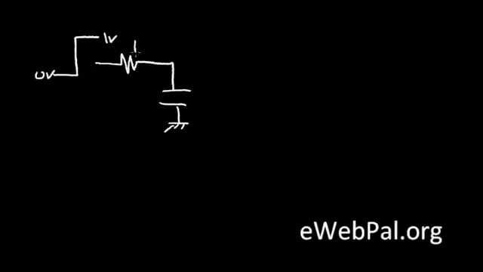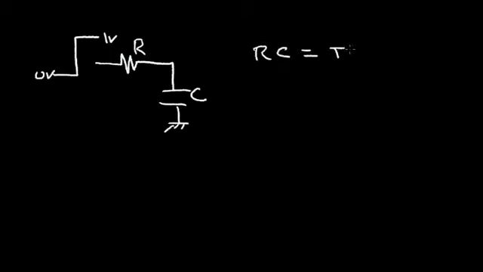We know that R times C is in units of time. So if we have a resistor of 1 ohm times a capacitance of 1 farad, we get 1 second of time.